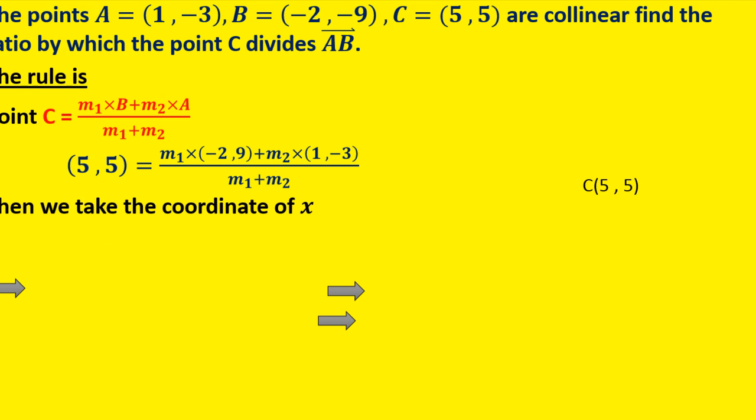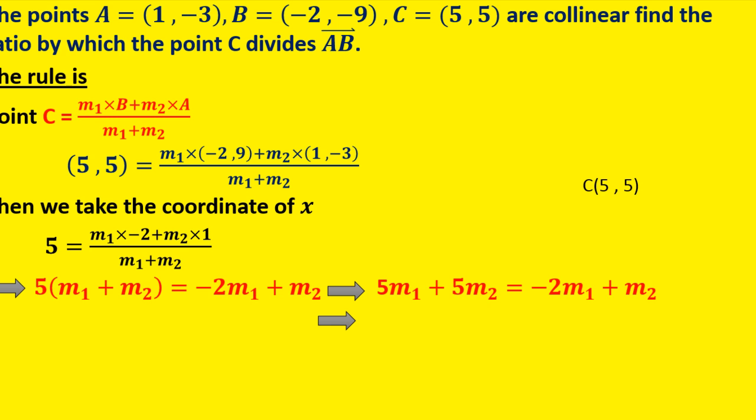Then we take the coordinate of x only. Please look at x only, the first coordinate on all my points. So we write 5 equals m1 times negative 2 only, this first coordinate, plus m2 times 1 only, again this first coordinate, over m1 plus m2.